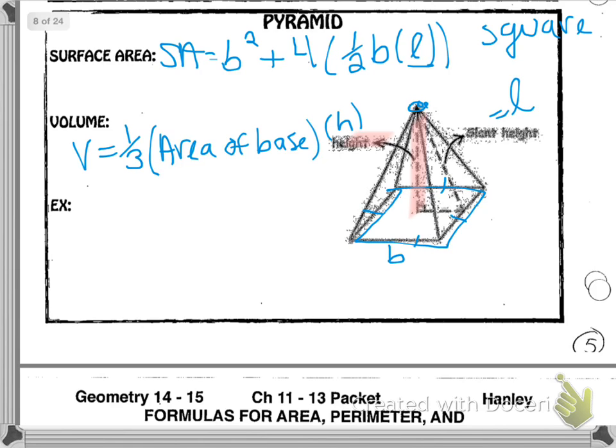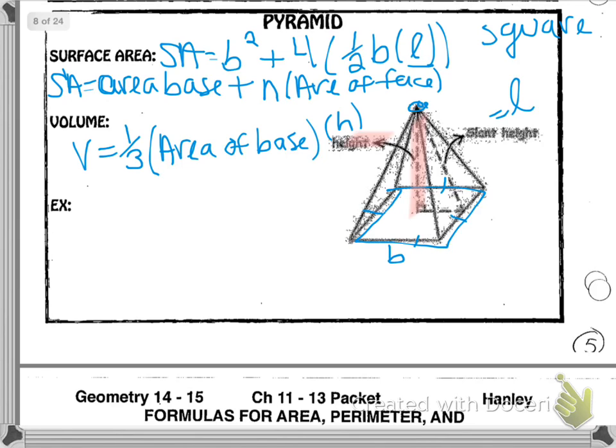And if you want to be more simplistic with your surface area, you can say it's the area of the base plus the number of sides of the base, so we'll say n, times the area of each face.